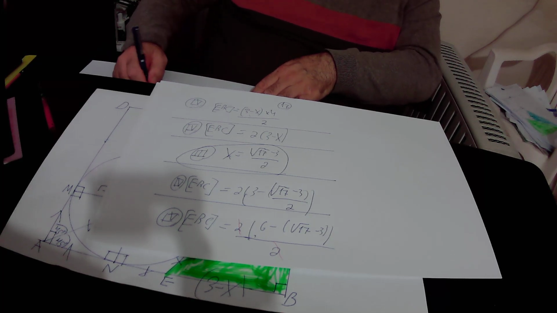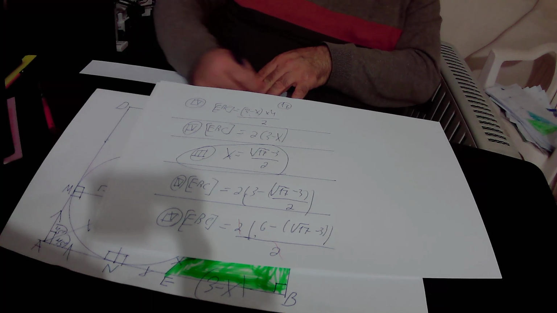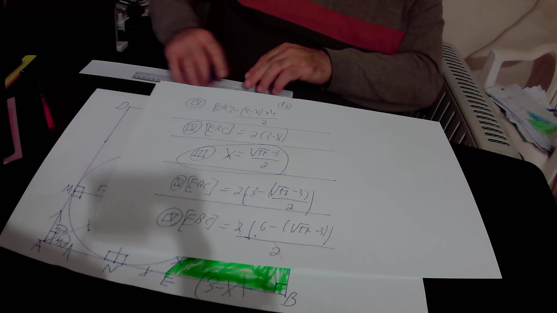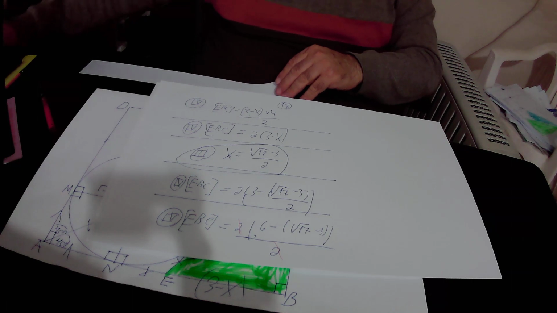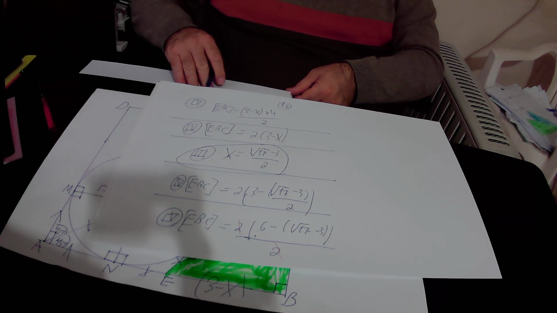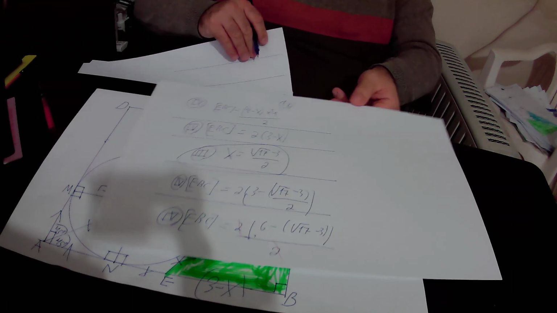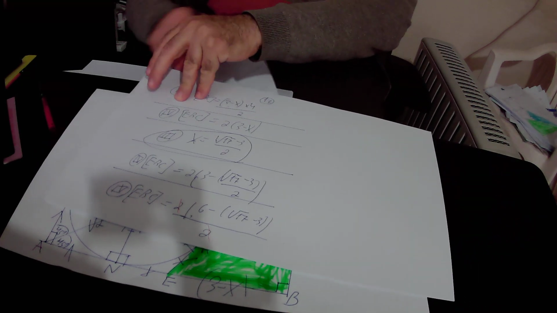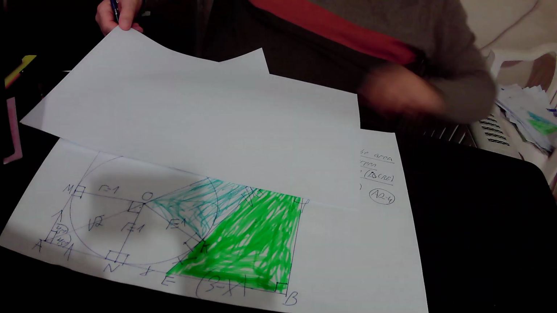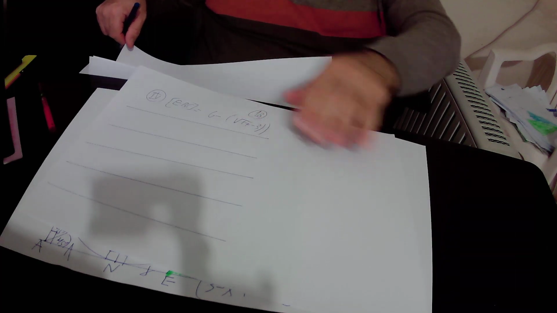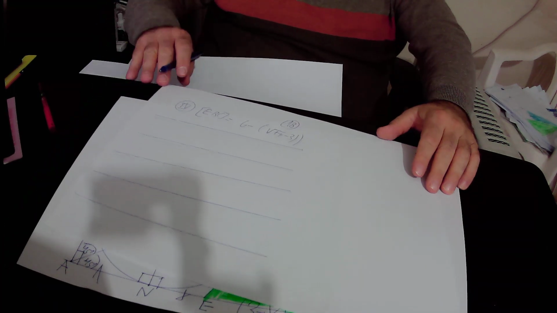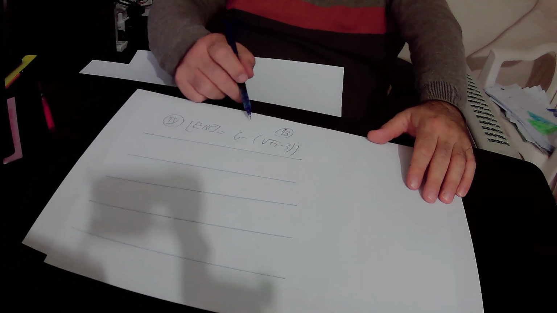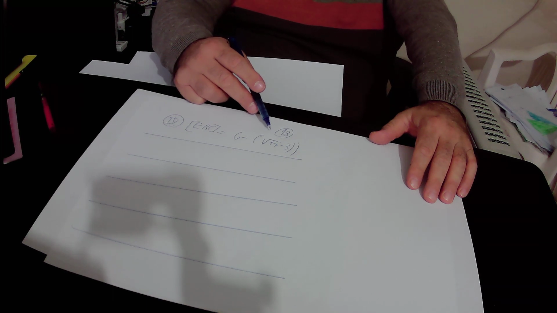So here we will open the brackets. We got that the area of the green right triangle EBC equals 6 minus the square root of 17 minus 3.